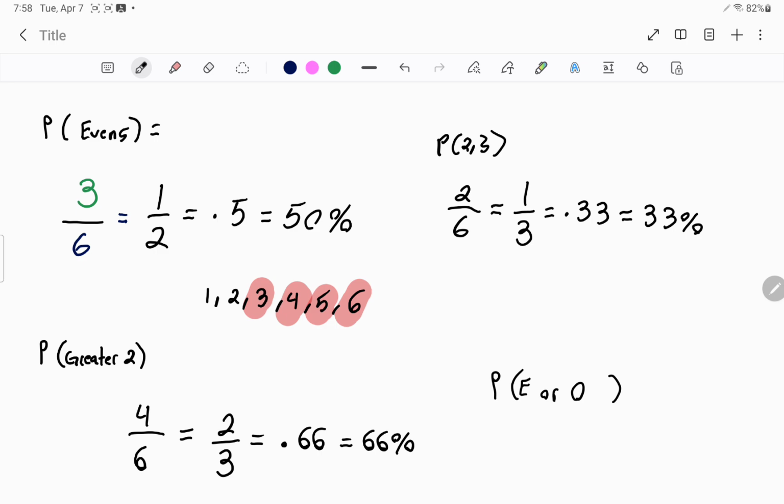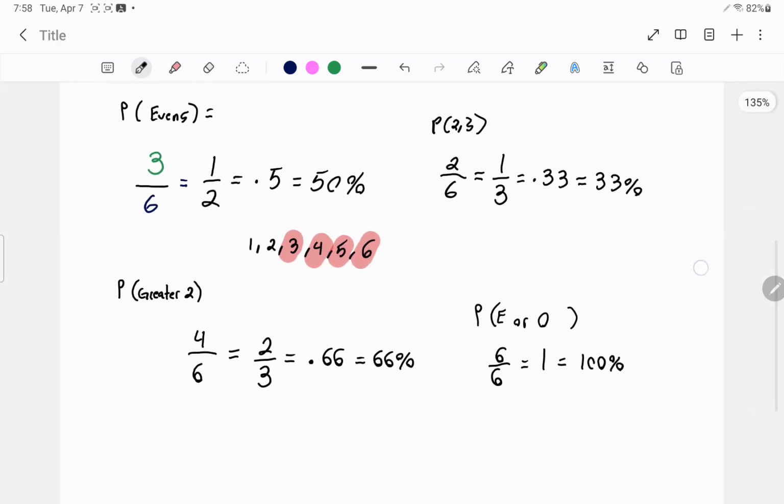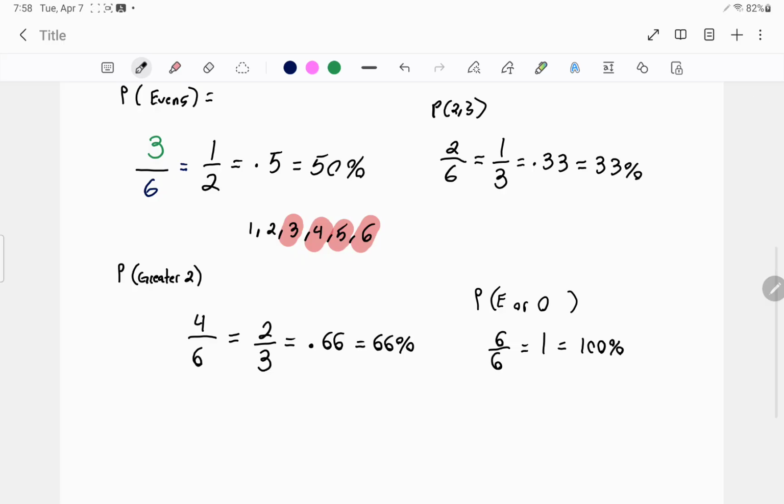How many odds? Another 3. Okay, so what we're going to do here is we have 6 over 6, which is going to turn into 1, which is going to turn into 100%. There's a 100% probability you're going to get either one of those two. All right, because a number can either be even or odd.